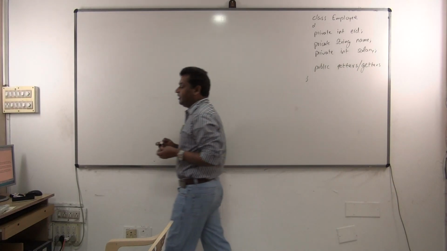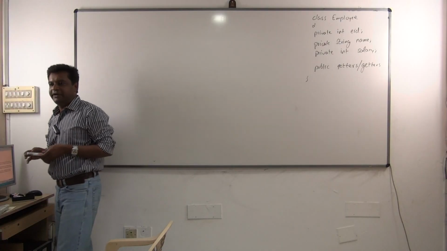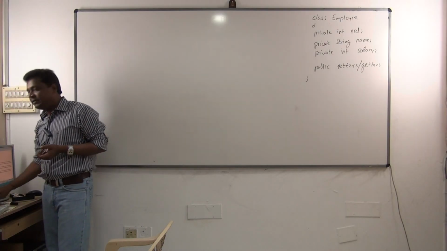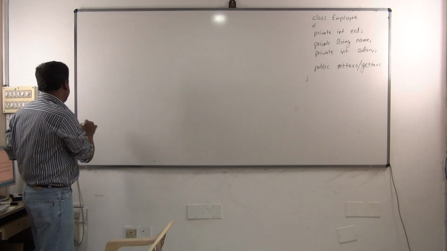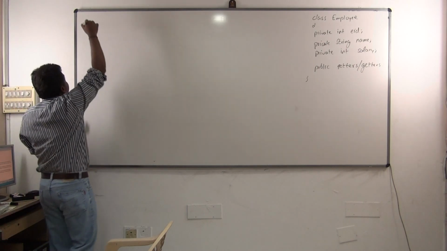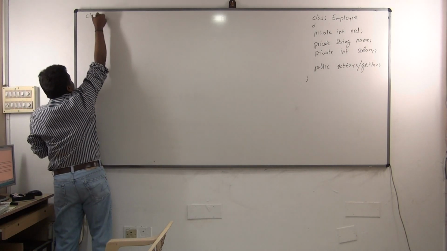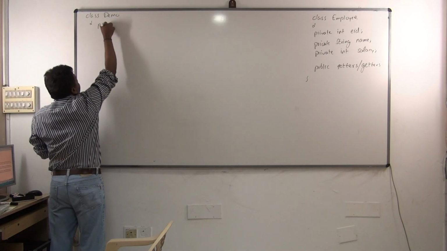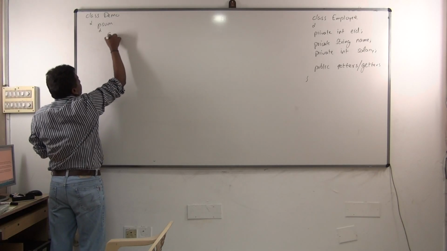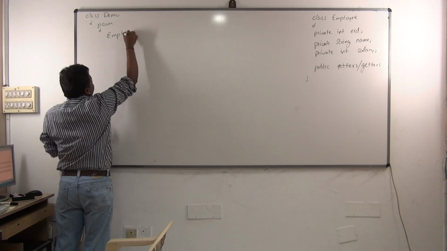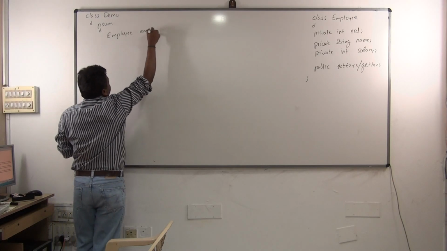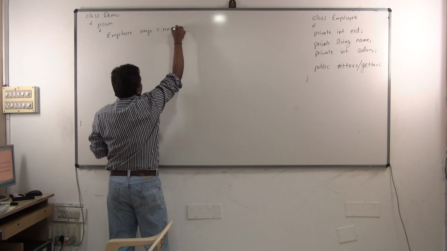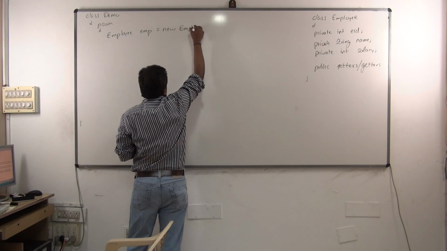It is this entity, or domain object, I want to save into the database. Let us see how you write the code for that. First I will create an object of that Employee: Employee emp = new Employee().